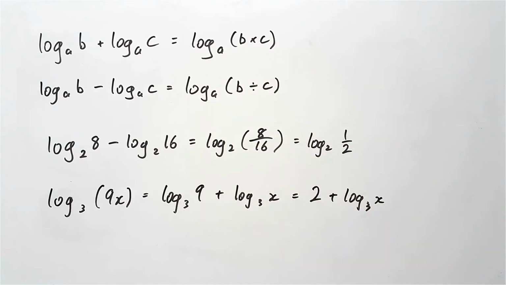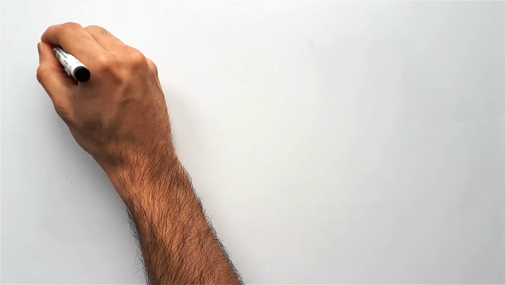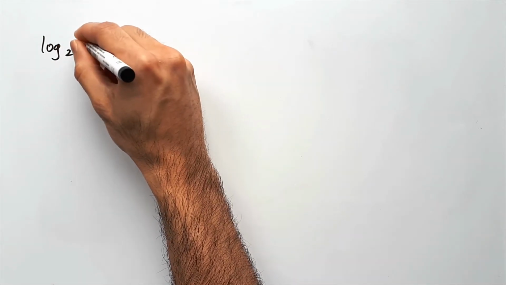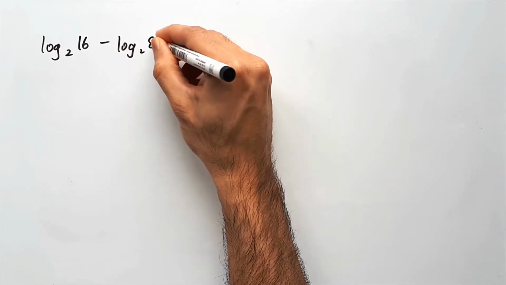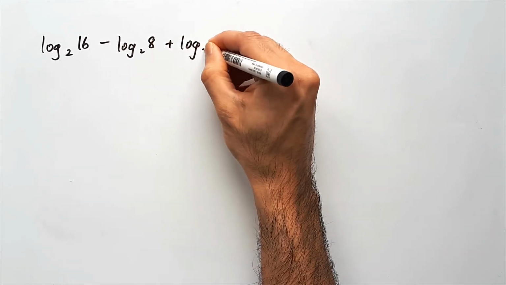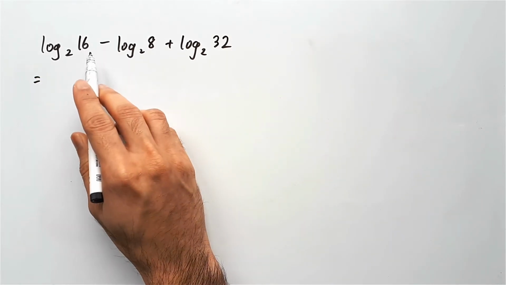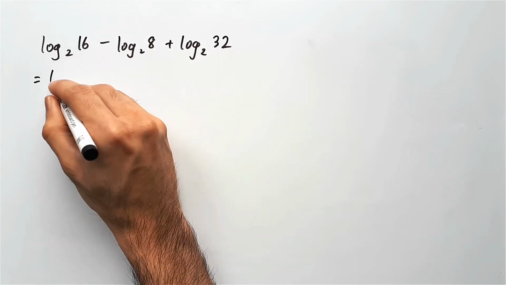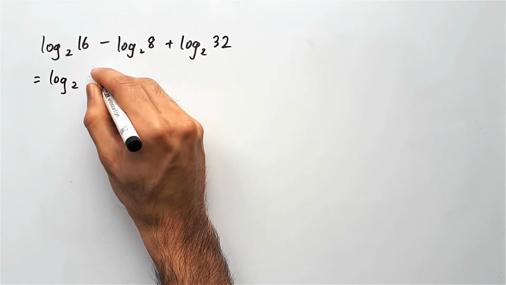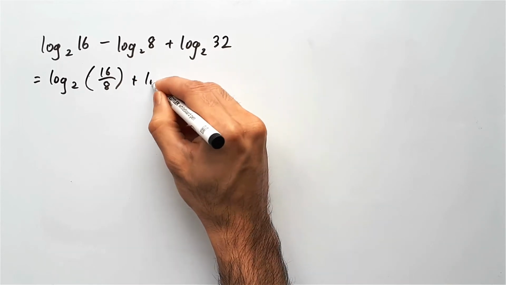So this will be quite useful if you get a longer expression with multiple things involved, like log base 2 of 16 minus log base 2 of 8 plus log base 2 of 32. This can be simplified step by step by saying the minus means 16 divided by 8, and so log base 2 of 16 divided by 8, that will eventually add this other log here.